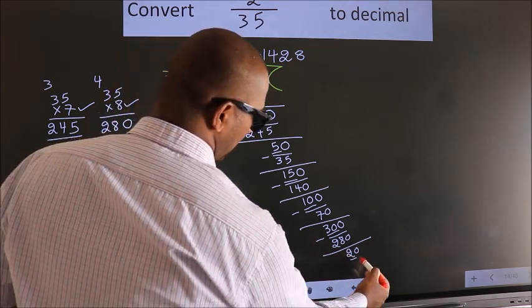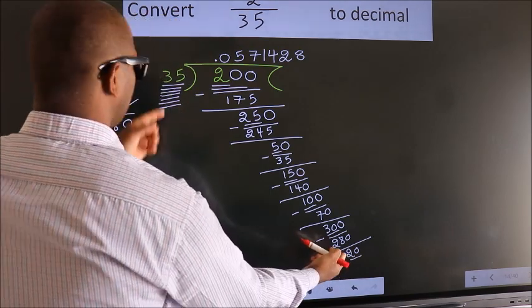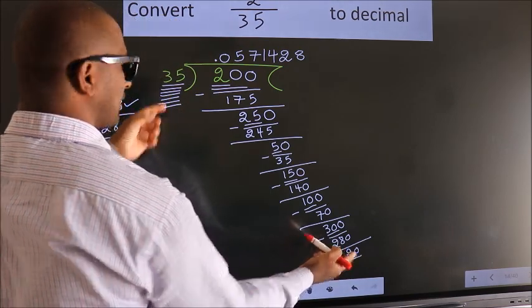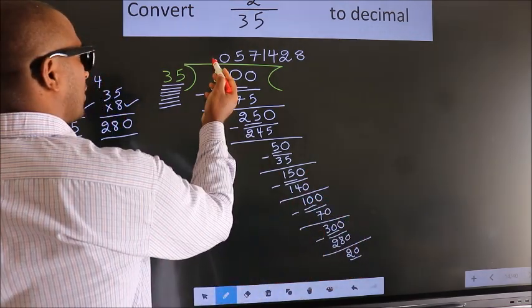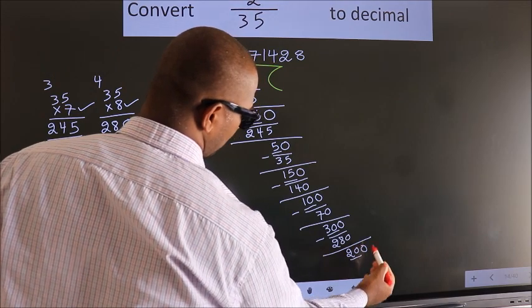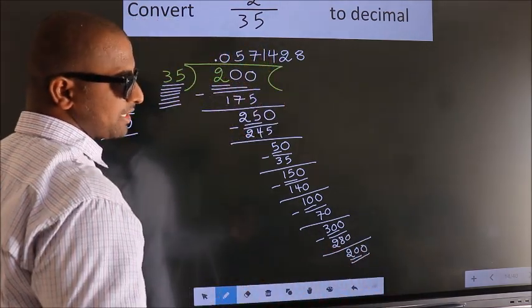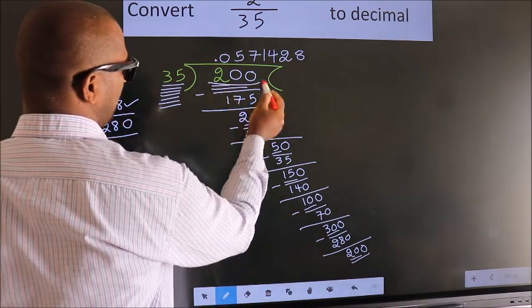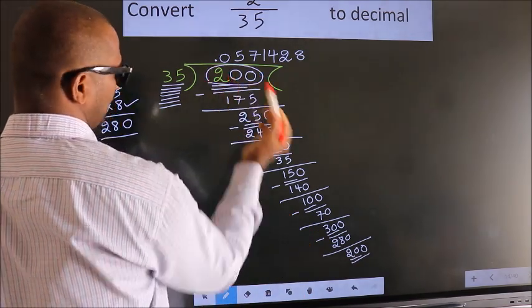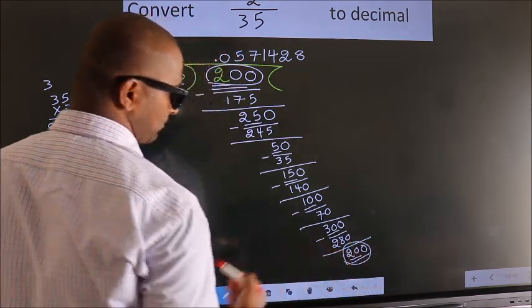Now here we have 20, here 35. 20 smaller than 35, and we already have the decimal, so we can directly take 0. So 200. Now you observe, here we had 200 and we got 200 again.